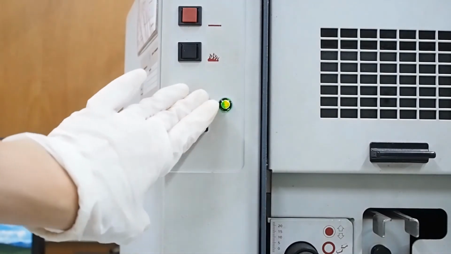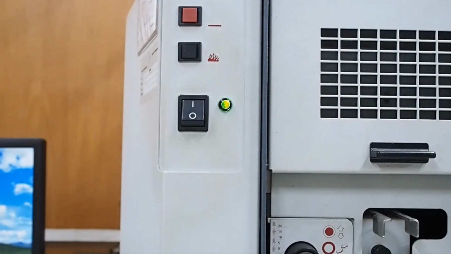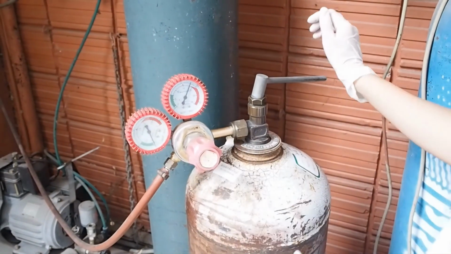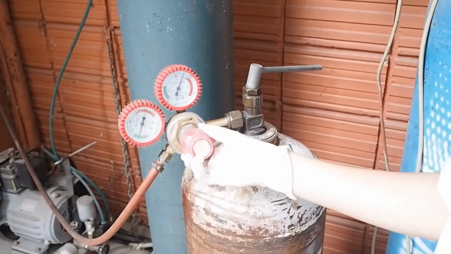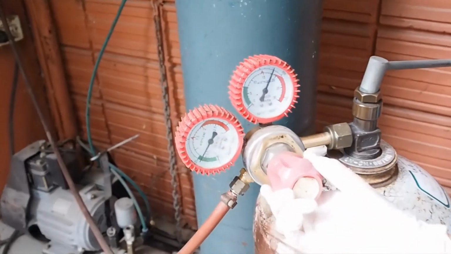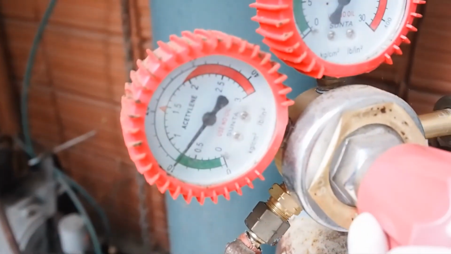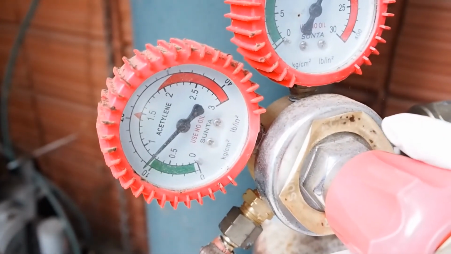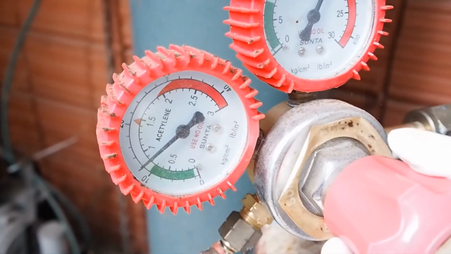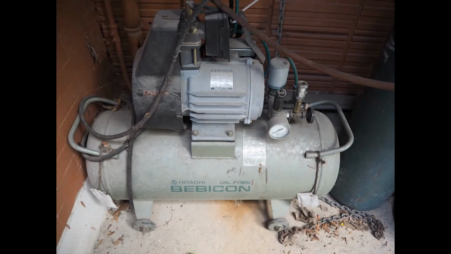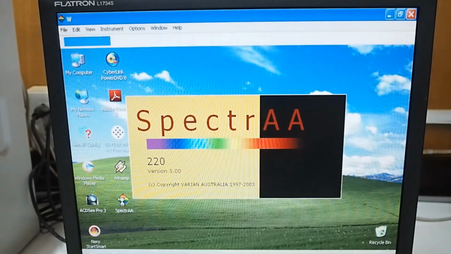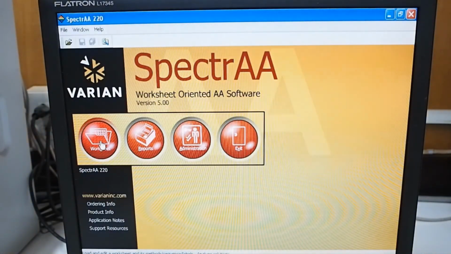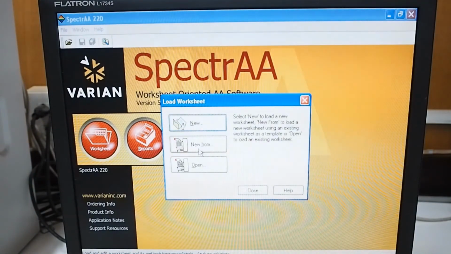We will analyze the exchangeable potassium by atomic absorption spectrophotometer using a wavelength of 766.5 nanometer with an air acetylene flame. A sensitivity of about 0.04 microgram per milliliter can be expected.